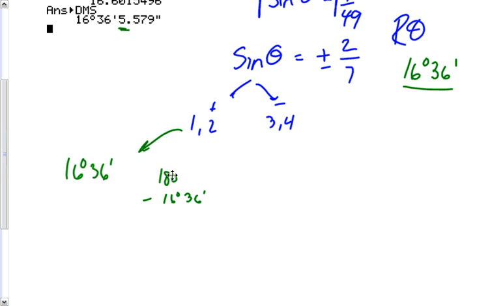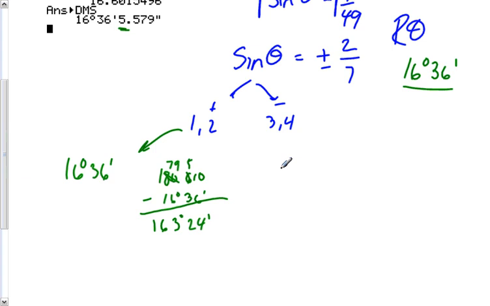What we're going to do is make this on a 60, because if I borrow, or regroup as it's supposed to be called, I need one group of 60 minutes. And if I do that subtraction, there's my 5, borrow the 1, 4, 2, 3, and a 6. So I have 163 degrees and 24 minutes there. That's my second answer.